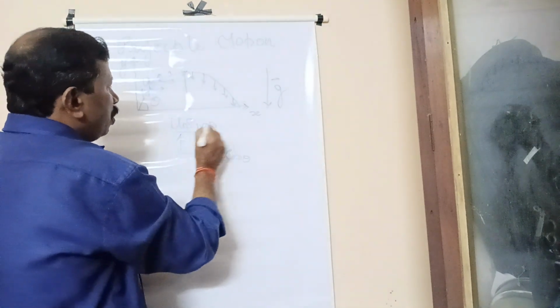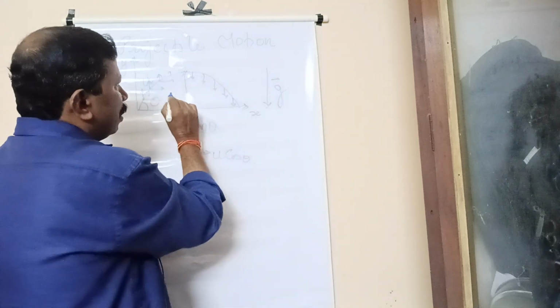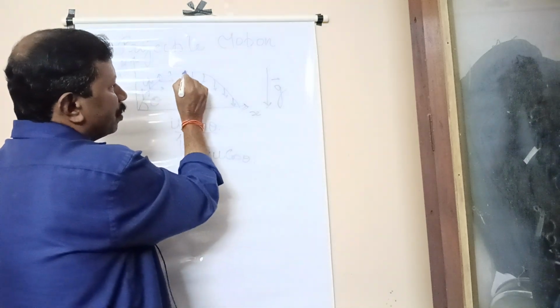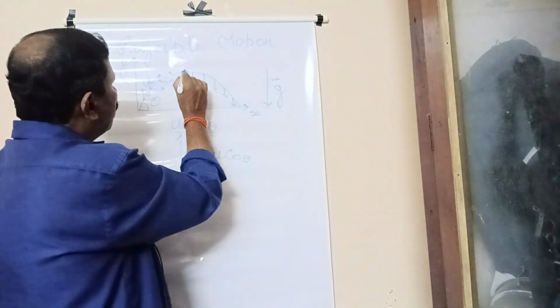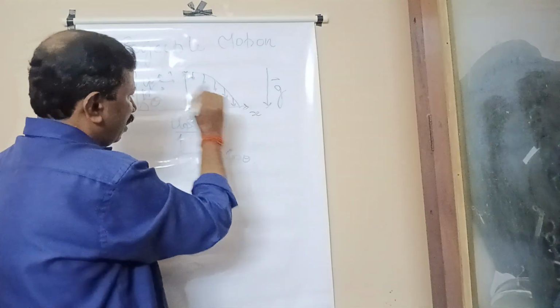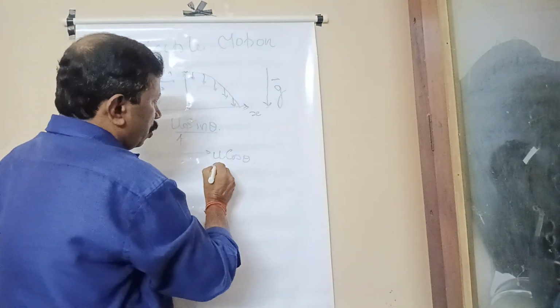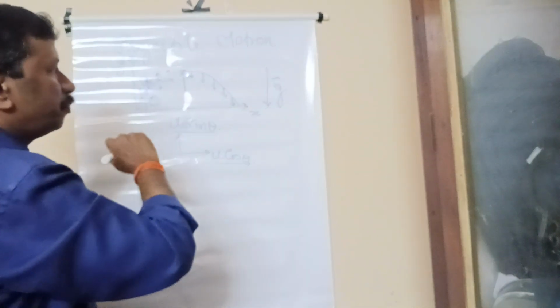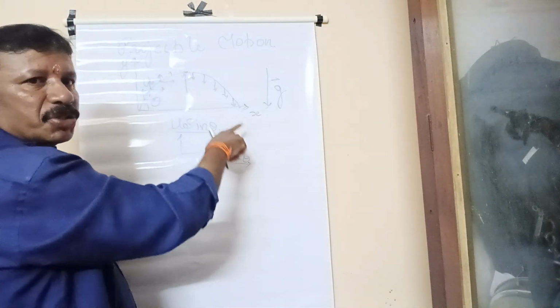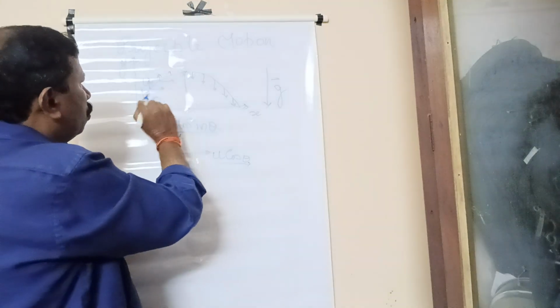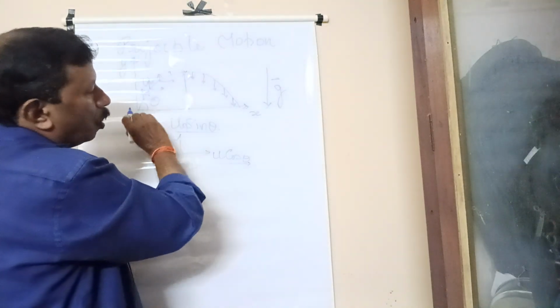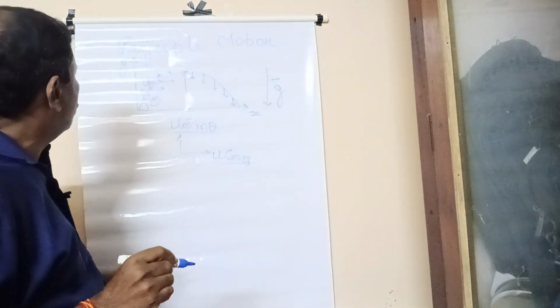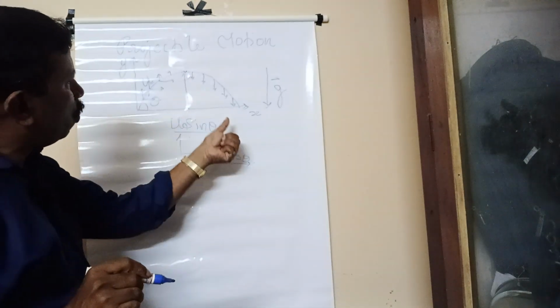The vertical velocity u sin theta decreases and reaches 0 at maximum height, and then increases, while the horizontal velocity u cos theta remains constant throughout the motion.